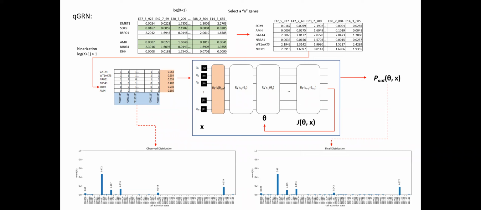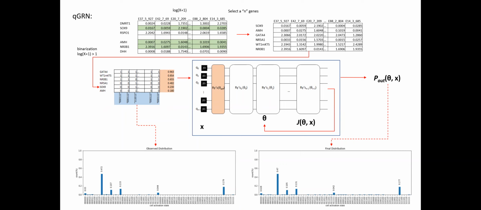So I've been working with quantum circuits to model a gene regulatory network. I use single cell data as an input, and I've been working on up to 6 genes, where each gene is going to be a qubit, and we are going to have a topology, a network, in a quantum circuit.